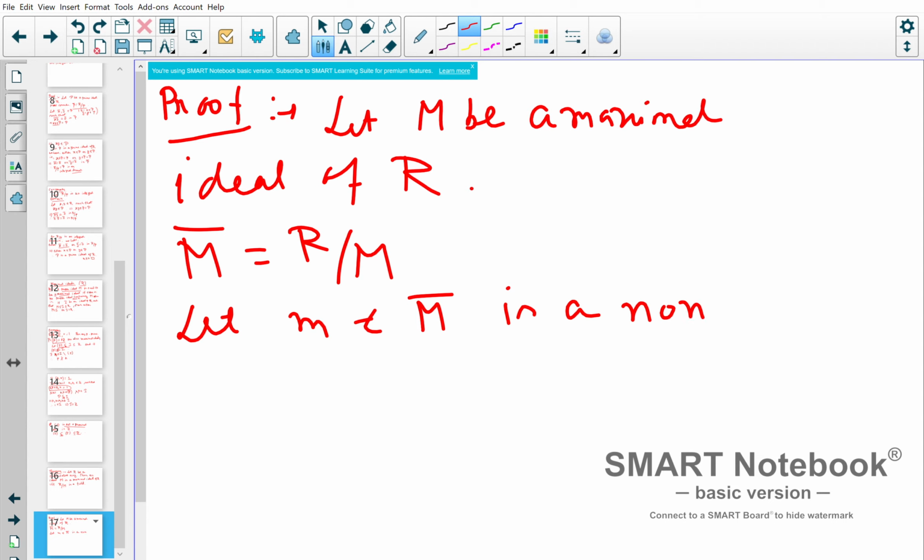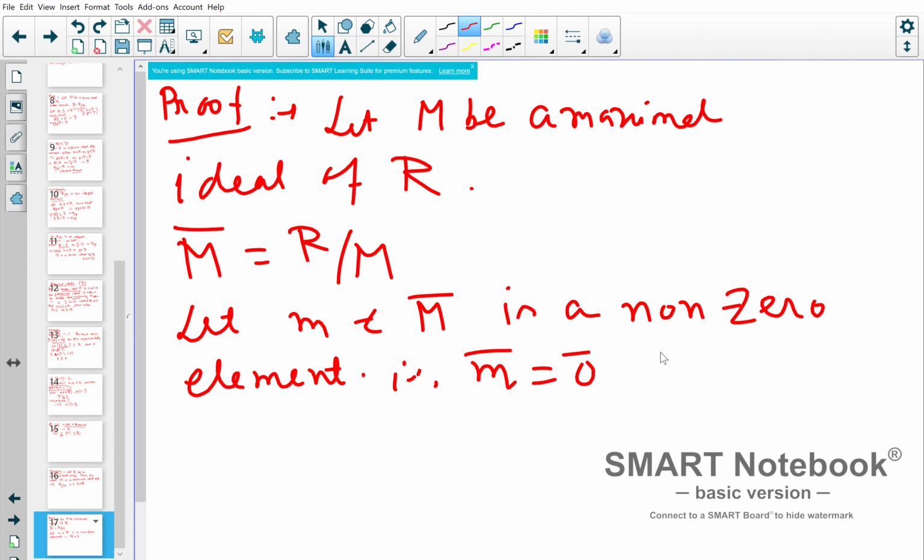So what does that mean? That is m bar not equal to 0 bar in this R mod M, right? So that is what that means: m does not belong to capital M.